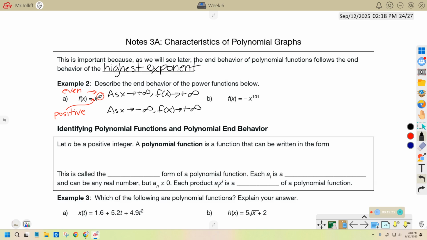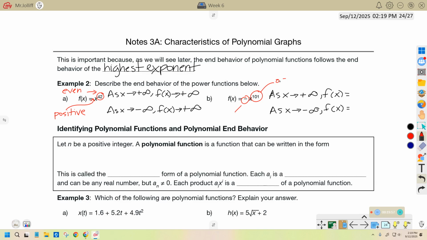Same thing, we do the same thing. F of x equals negative x to the 101st power. Jordan, is our exponent even or odd?